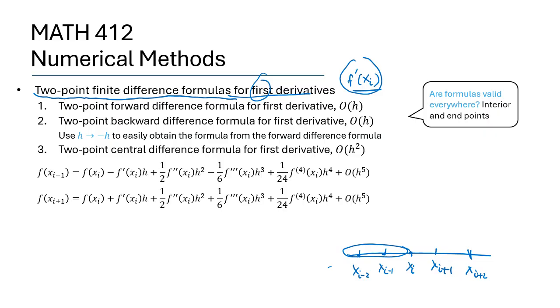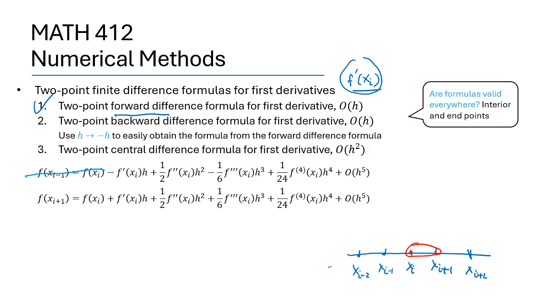How about the 2-point forward difference formula? That means we will use forward 2-point: that's one point, that's a 2-point, right? So we'll use xi plus 1.